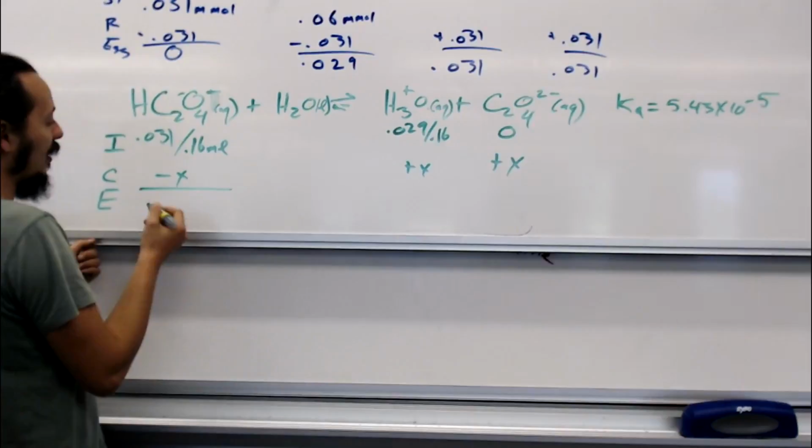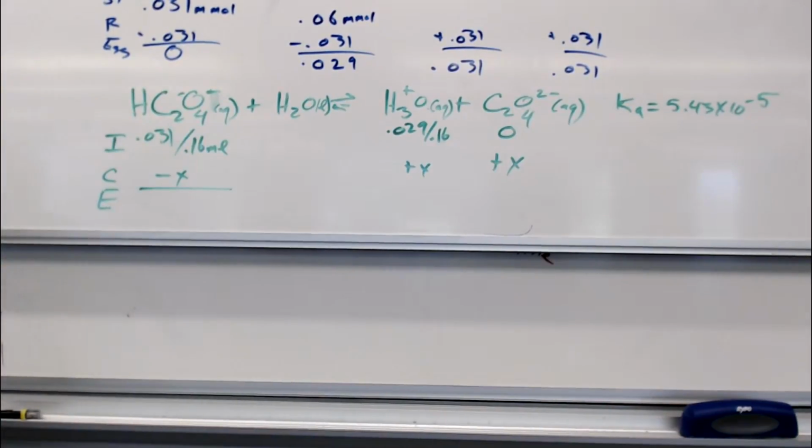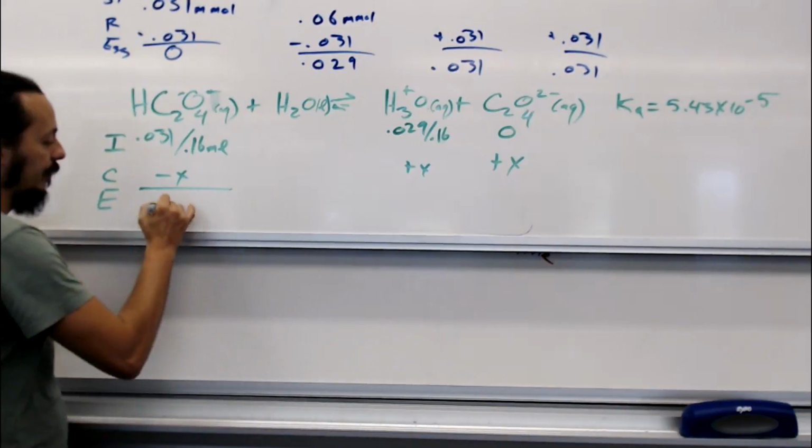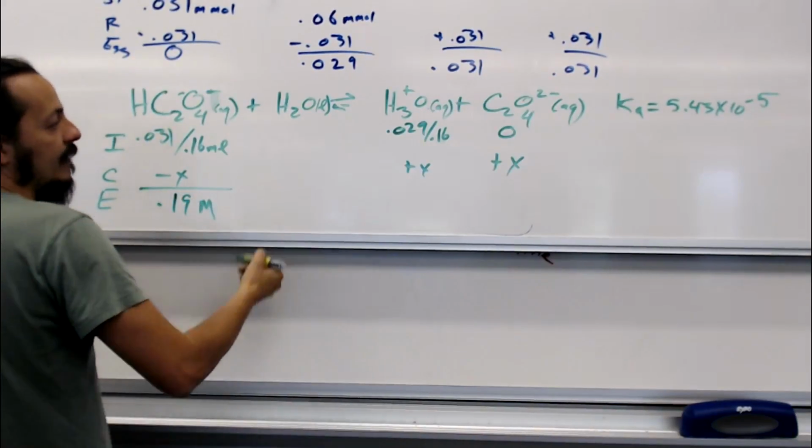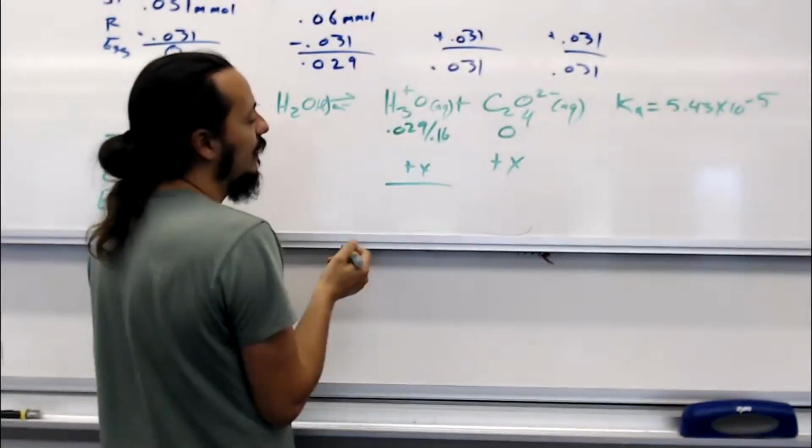We're going to get this as approximately, what's 0.031 divided by 0.16? Can you help me calculate these concentrations? 0.19. And this one, 0.029 divided by 0.16? 0.18? Yeah.